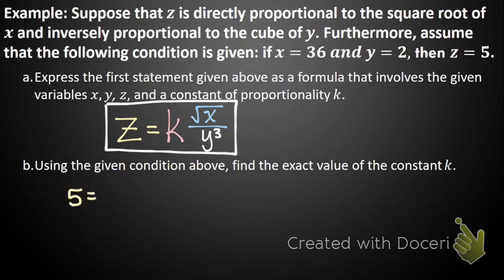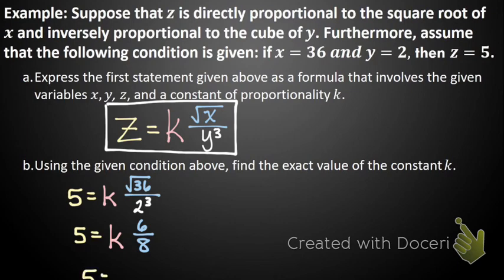Yep, we'd have 5 equals k, and then the square root of 36 over 2 cubed. So I would have 5 equals k times 6 over 8, but 6 over 8 reduces, right? To 3/4.